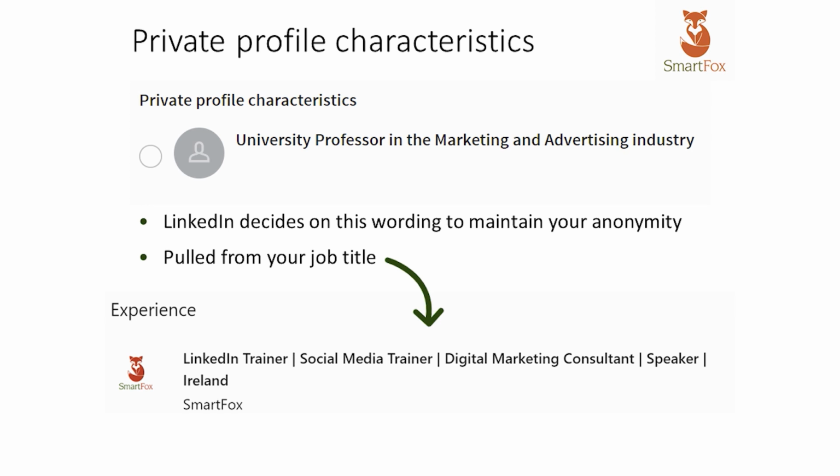And they get this wording from my job title. My job title is LinkedIn trainer, social media trainer, digital marketing consultant, speaker, Ireland. So the LinkedIn bot has just looked at all those words in my job title, and it has decided that I'm a university professor in the marketing and the advertising industry.